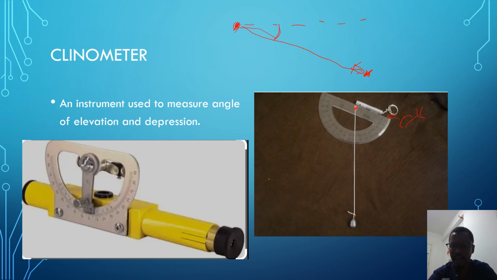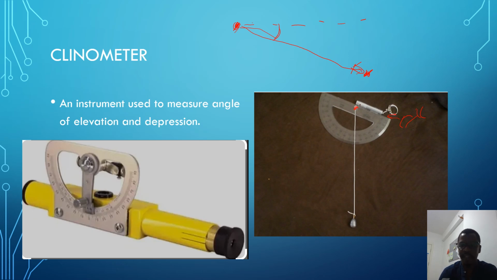Ka object kuti kolemererako kuti mukayinyamula protractor yanu at any angle that rope will go downwards, perpendicular downwards. So you find out that one will be measuring an angle of elevation or an angle of depression.